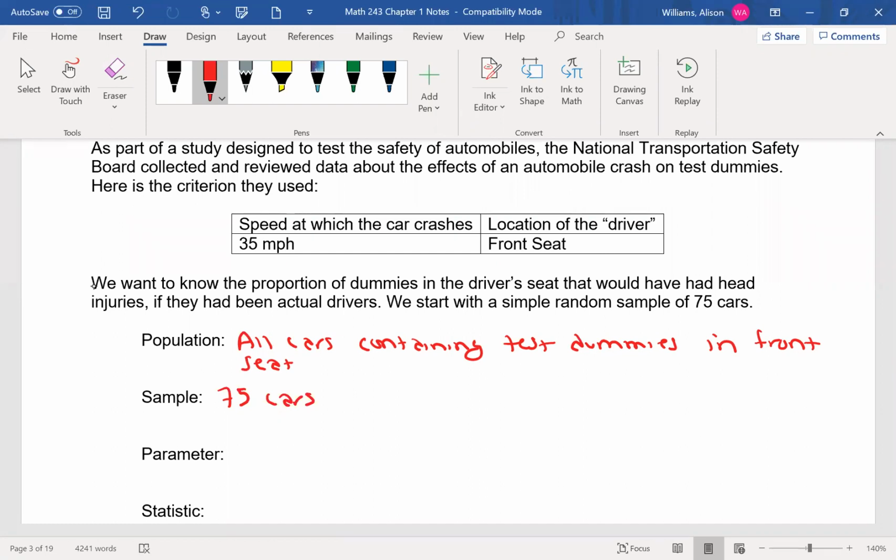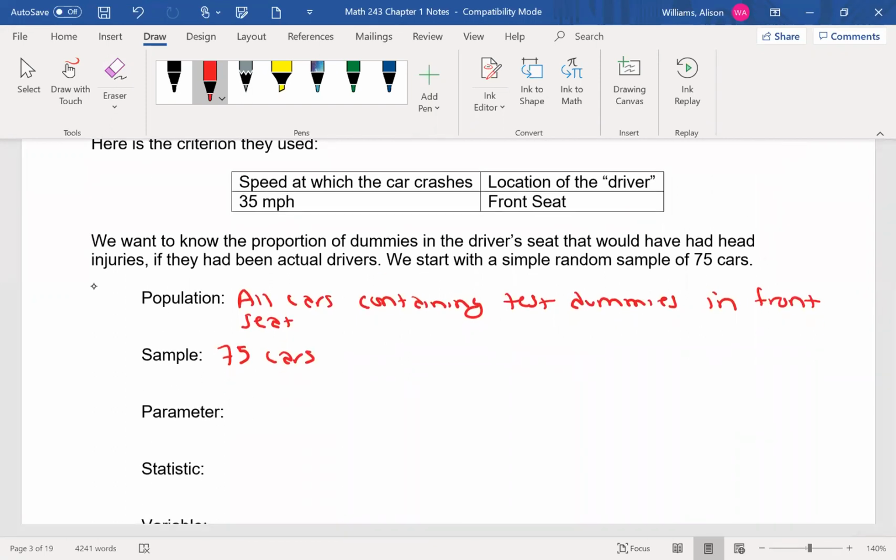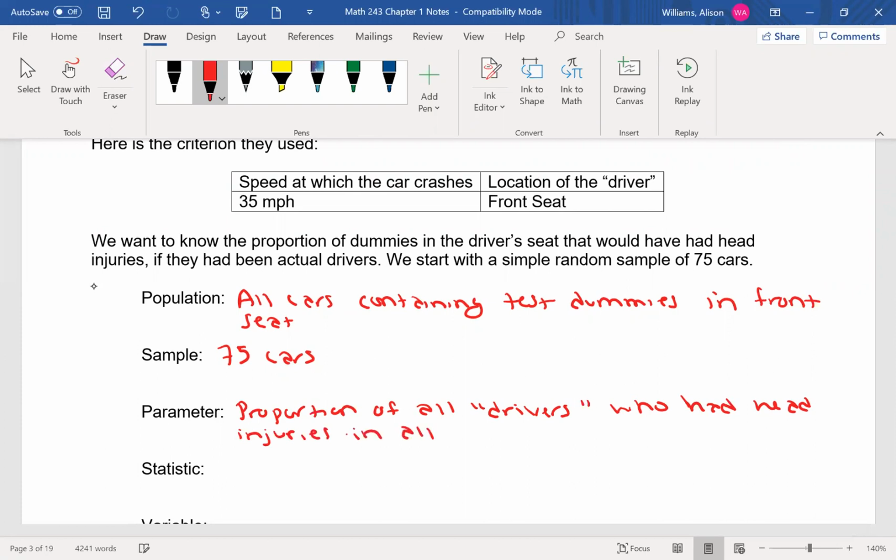All right. So the parameter in this case, they're looking for the proportion of those drivers who would have a head injury. Okay. So the proportion of all, and I'll put drivers in parentheses, who had head injuries in all cars.